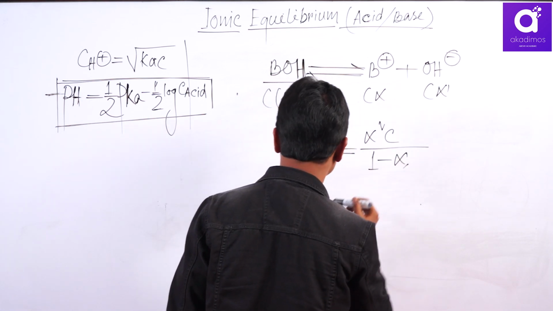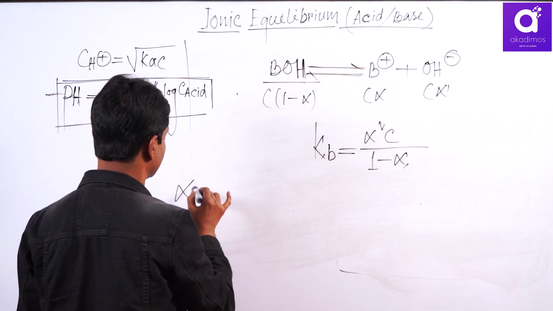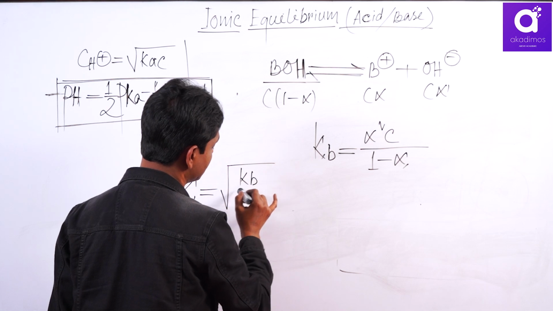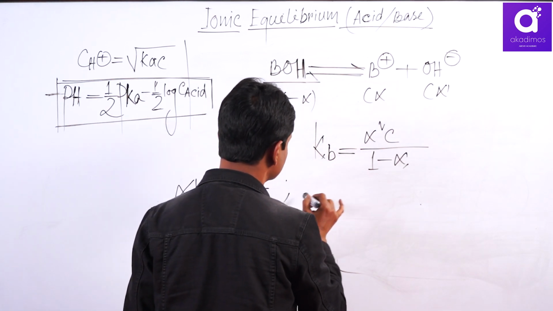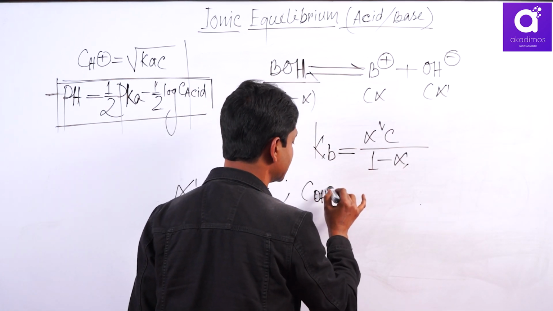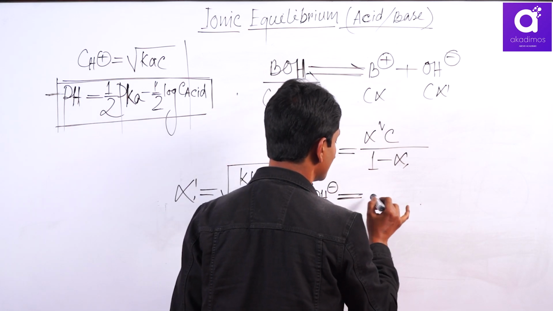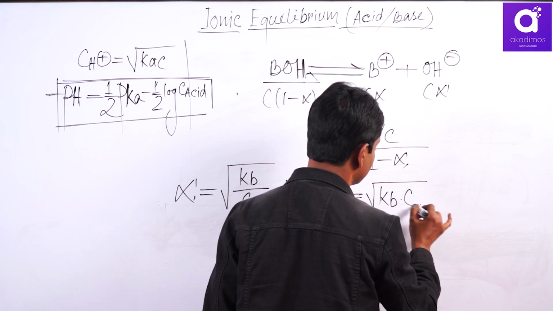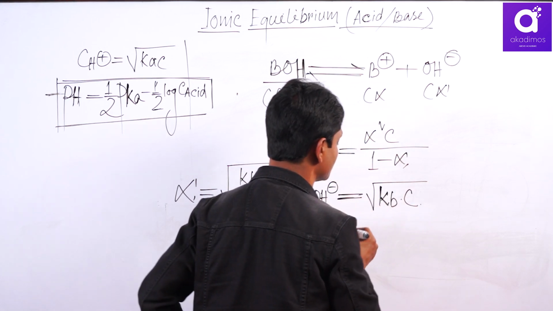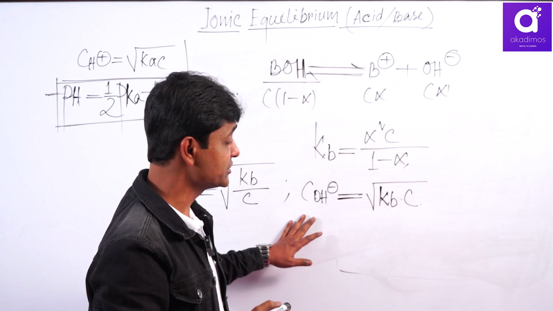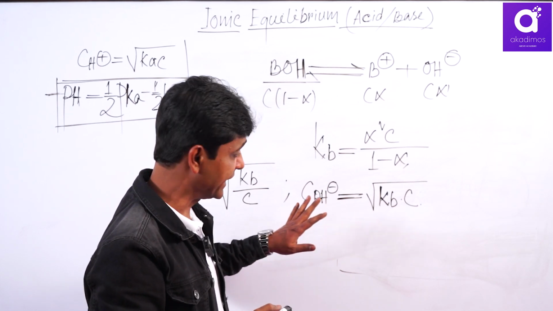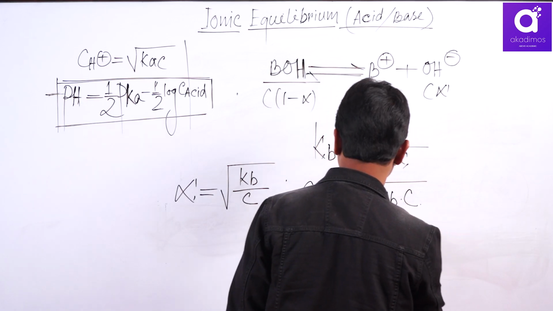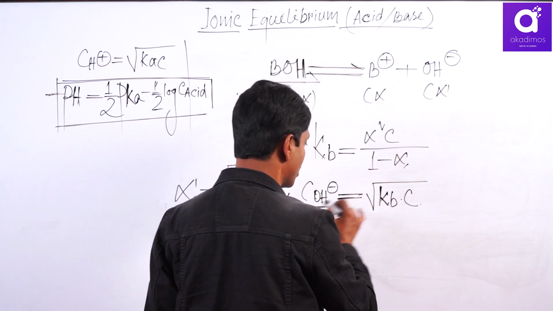There also alpha is equal to root under Kb by C, and the concentration of OH minus is root under Kb into C. You know that the concentration of H plus into the concentration of OH minus is Kw.